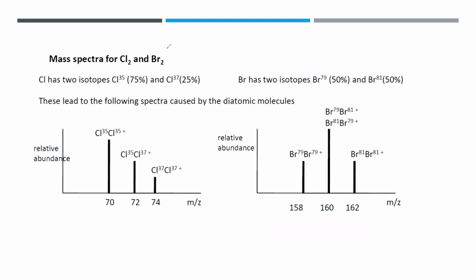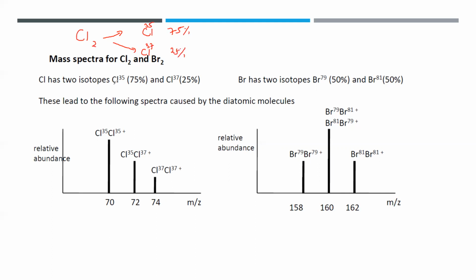For example, as we know, chlorine is Cl2, a molecule, but there are two isotopes of chlorine which exist. One is chlorine 35, another one is chlorine 37. Chlorine 35 is 75% and chlorine 37 is 25%.